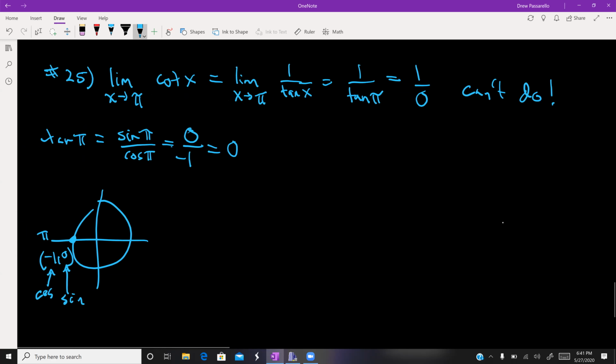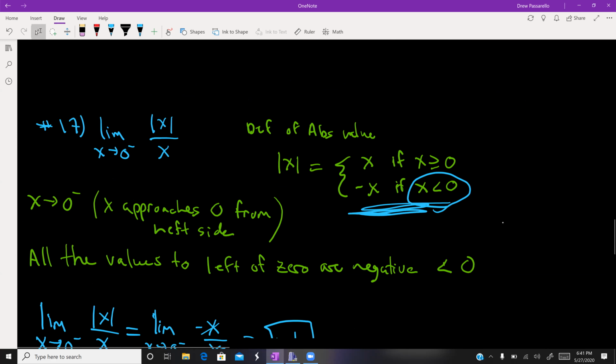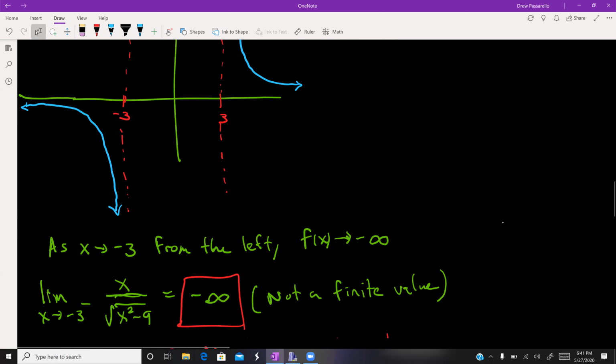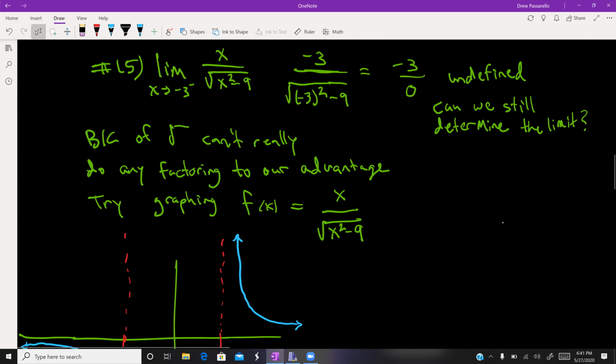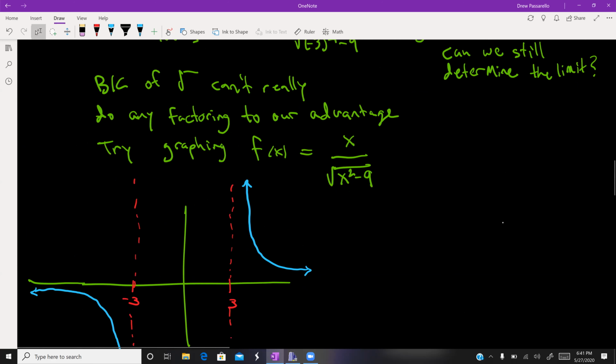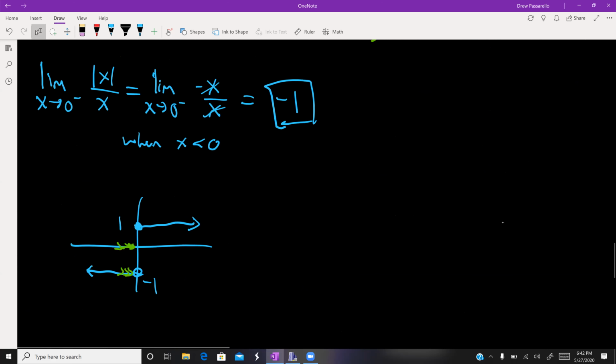So like I did in the previous example where I graphed, plugging in the value failed and there was no way I could, like in other examples, factor or rationalize to my advantage, so I ended up graphing it. Now I'm going to do the same thing for this one.